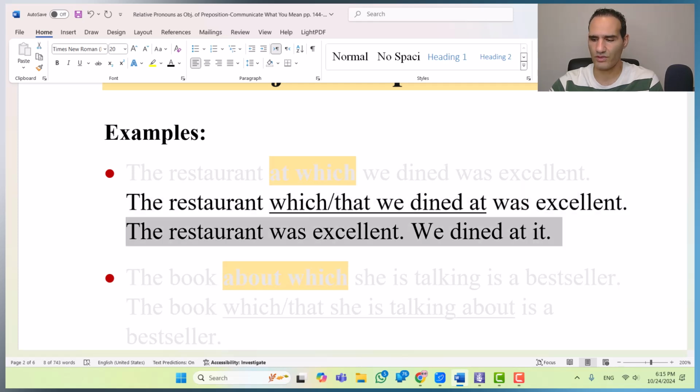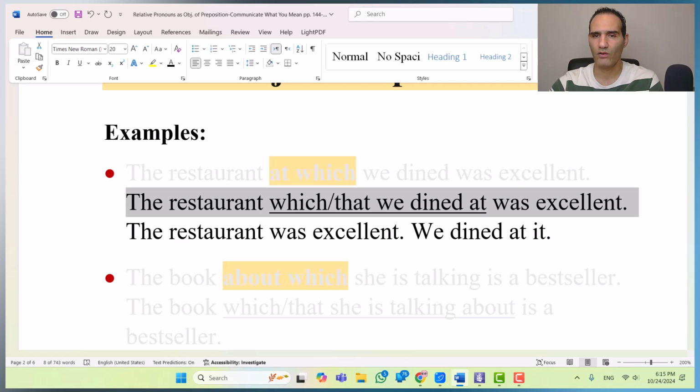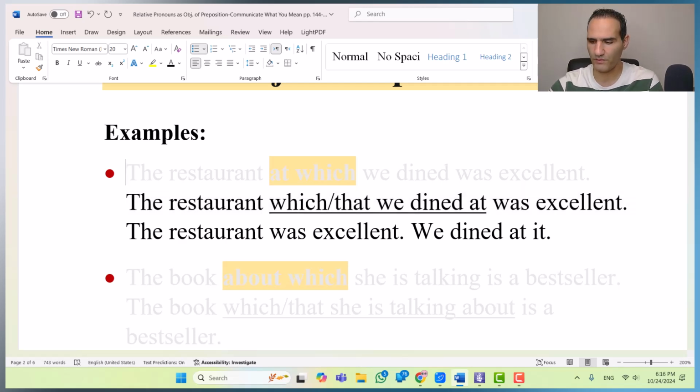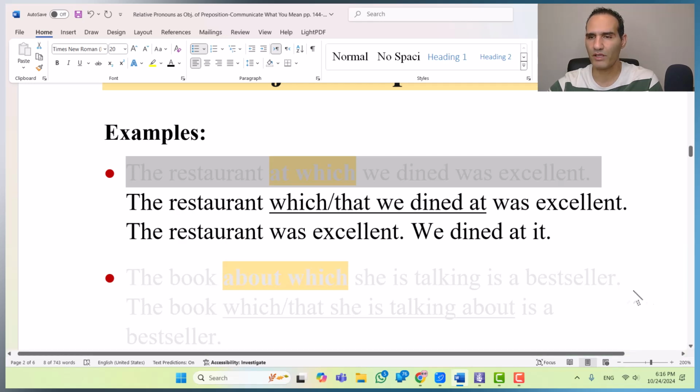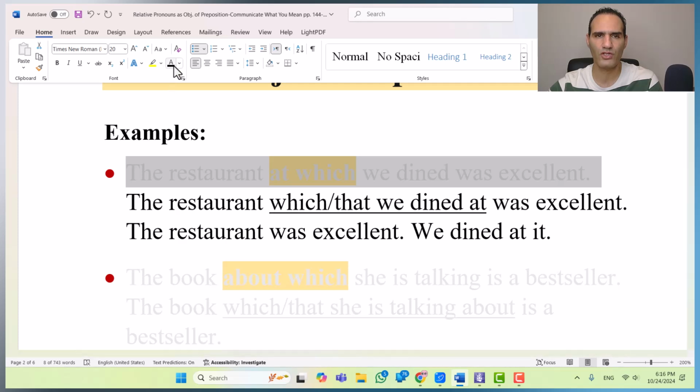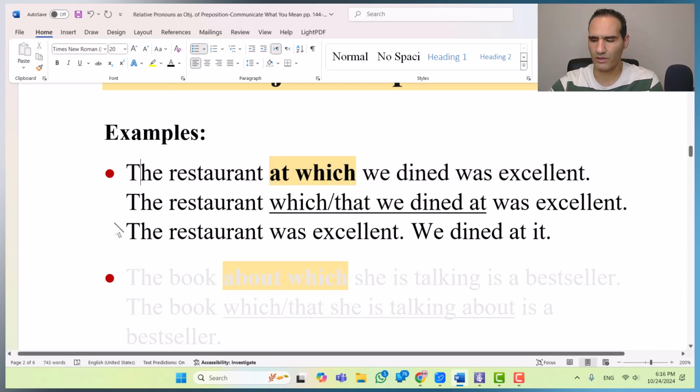So here two short sentences. Here we have one adjective clause in the middle of our main clause, which is more beautiful. And here, because the verb comes with a preposition, we can bring the preposition before the relative pronoun which. The restaurant at which we dined was excellent.